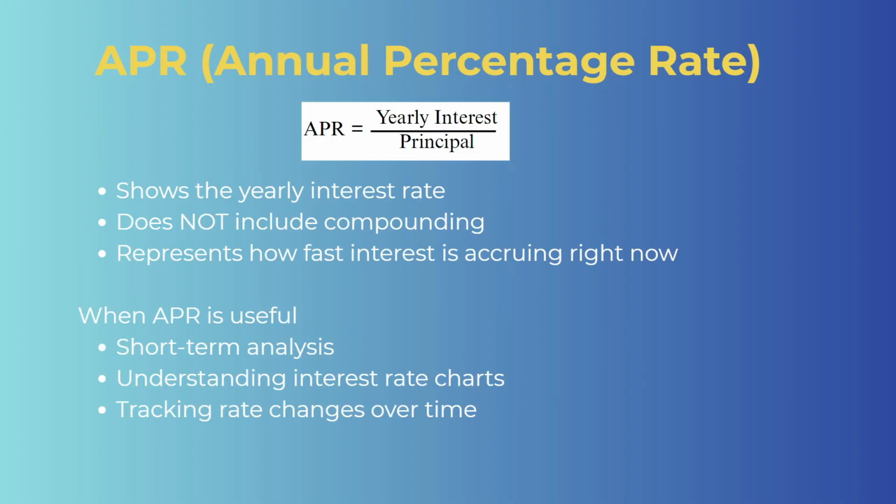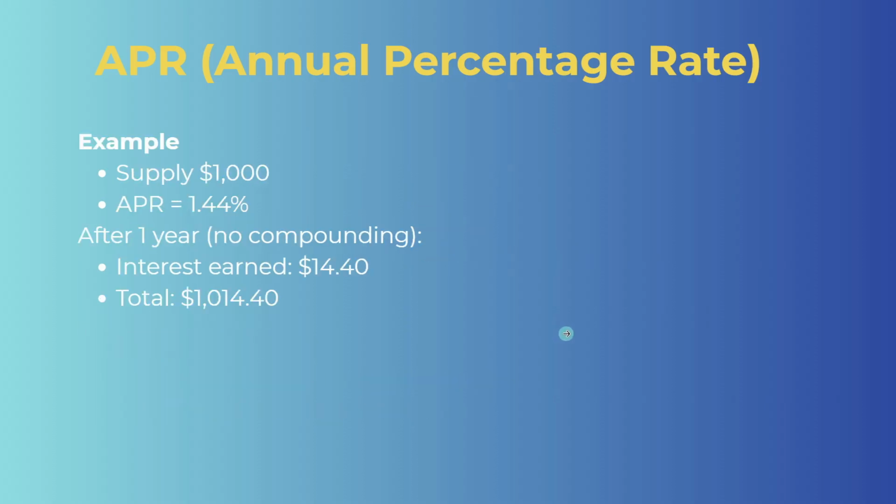Then we also have APR, annual percentage rate, that shows the yearly interest rate, but in this case does not include compounding, and represents how fast the interest is accruing. This is useful for short-term analysis, understanding interest rate charts, and tracking rate changes over time. An example is very similar.